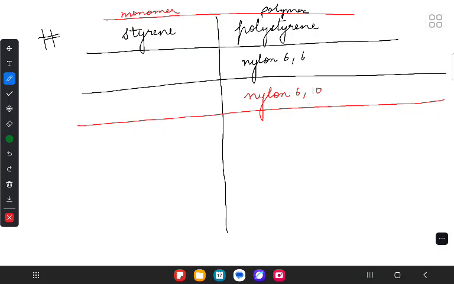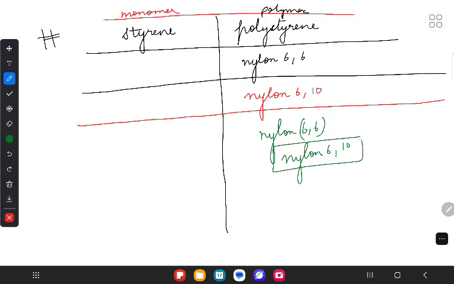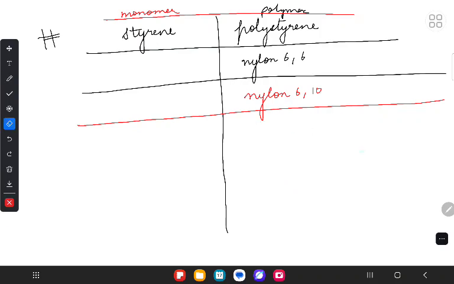See, understand. Nylon 6,6 and nylon 610. What are these basically? These are heteropolymers. Now there are two types of polymers: one is a heteropolymer and one is a homopolymer.